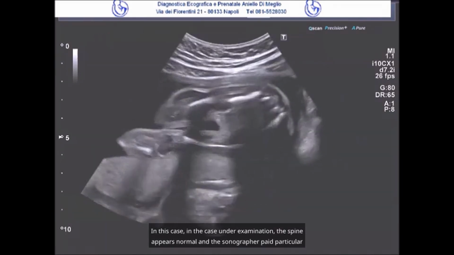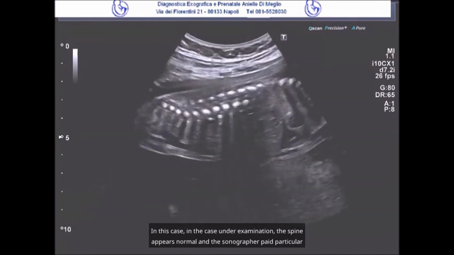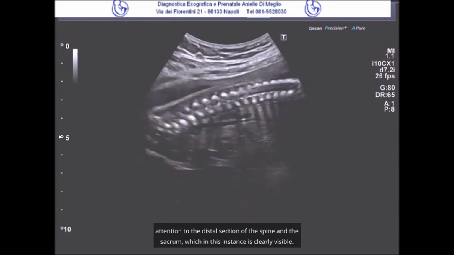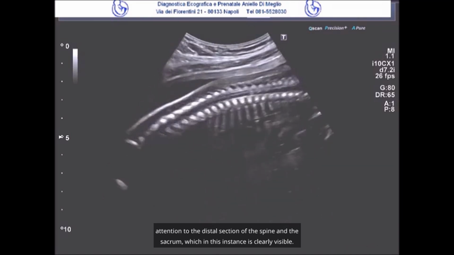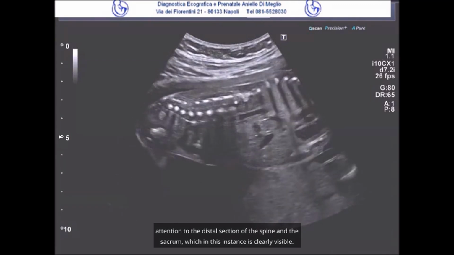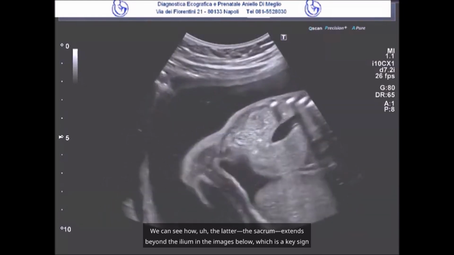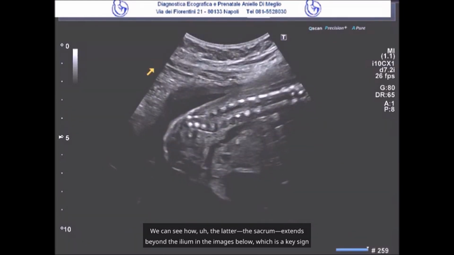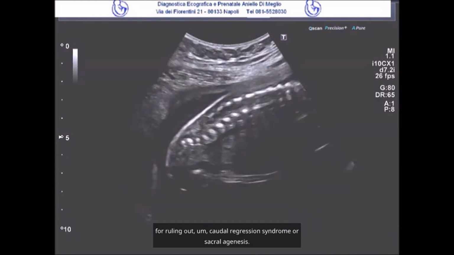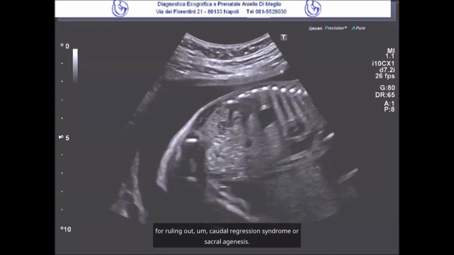In the case under examination, the spine appears normal, and the sonographer paid particular attention to the distal section of the spine and the sacrum, which in this instance is clearly visible. We can see how the sacrum extends beyond the ilium in the images below, which is a key sign for ruling out caudal regression syndrome or sacral agenesis.